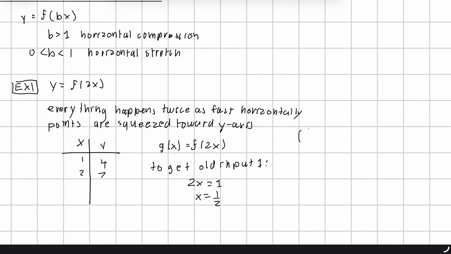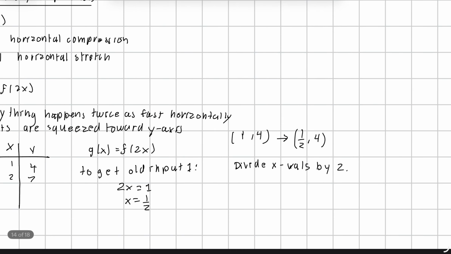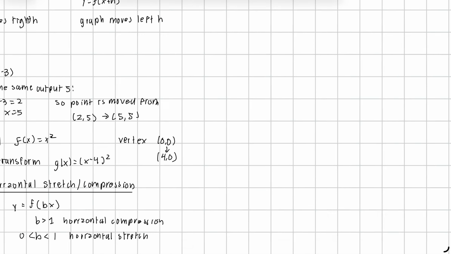So what happens is we had the point (1, 4), and that is going to become (1/2, 4). So we are going to divide our x values by 2.